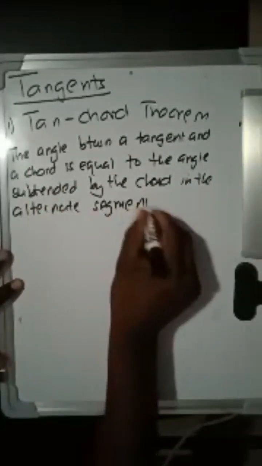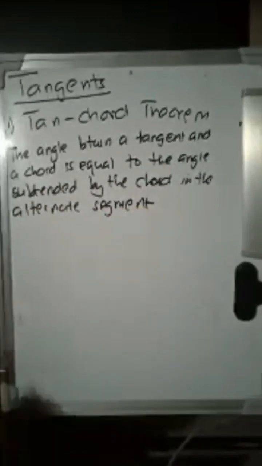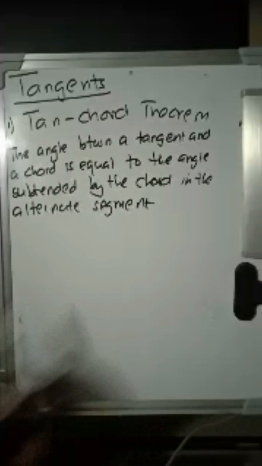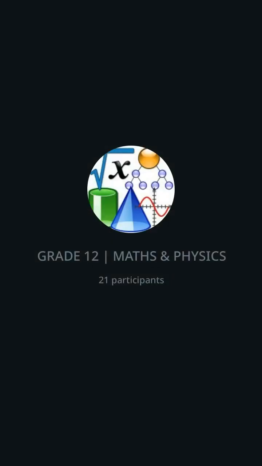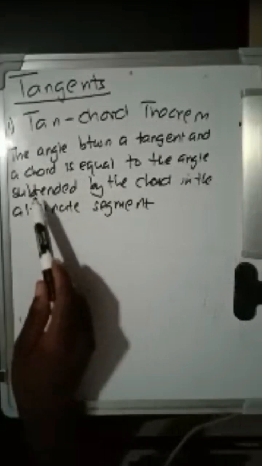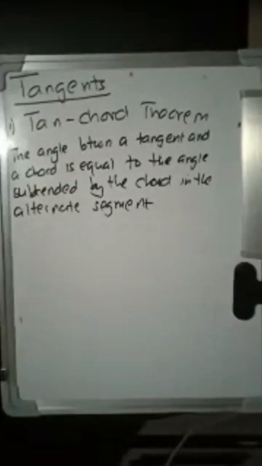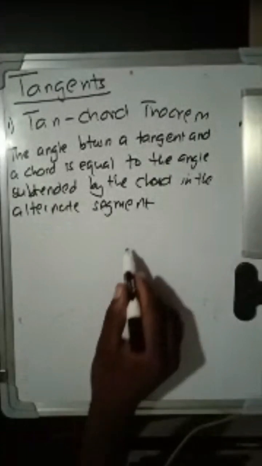They use a lot of jargon here, so I will try to simplify. This means the angle between a tangent and a chord is equal to the angle supported by the chord in the opposite segment.